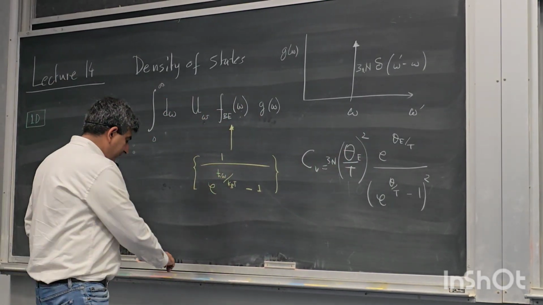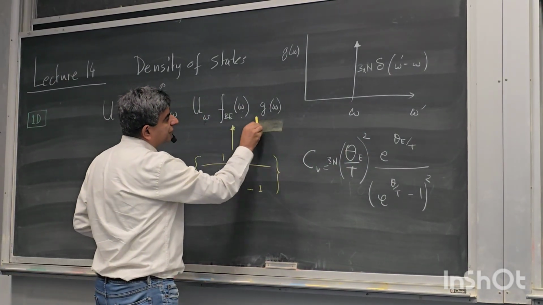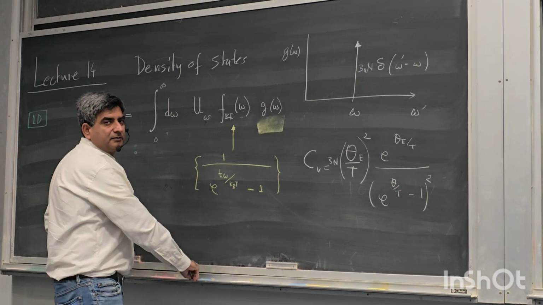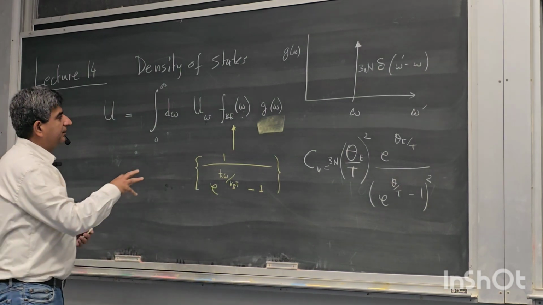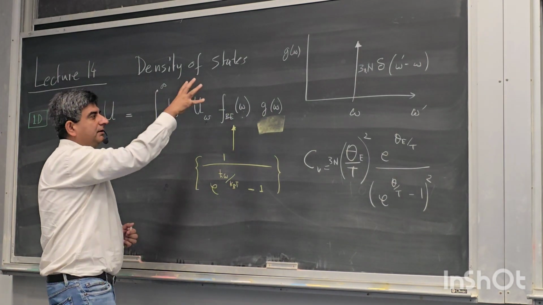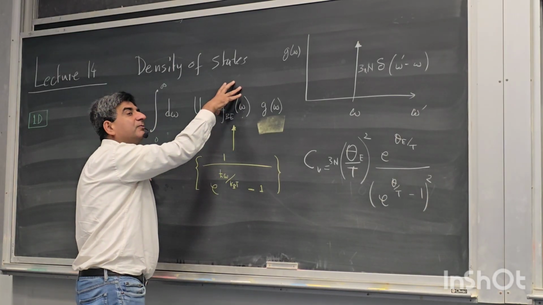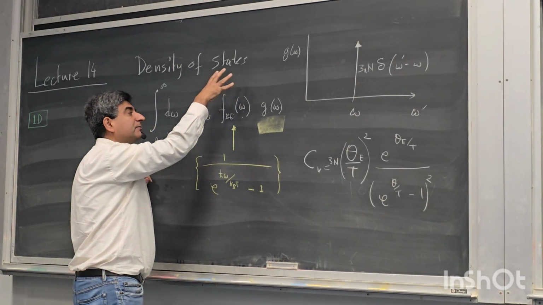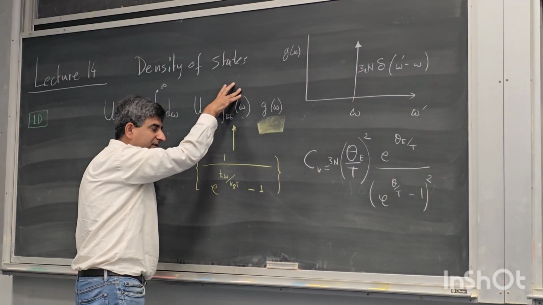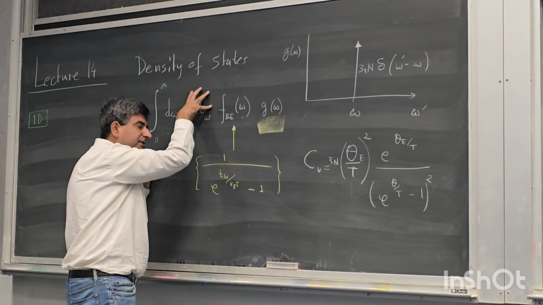Now, however, we would like to focus our attention on this g of omega. So we have the energy of a mode, the probability of occupancy of that mode, or the number of modes excited. In the phonon picture, that is the number of phonons that are present inside the system. This is the energy of a single phonon.